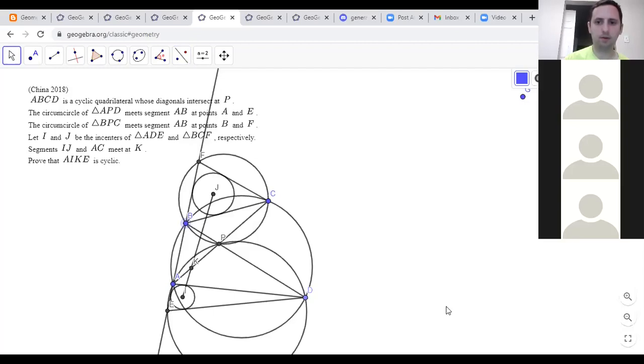Okay, I'm just going to look at it really quickly. So someone has a figure here.